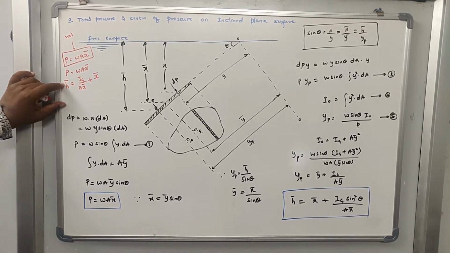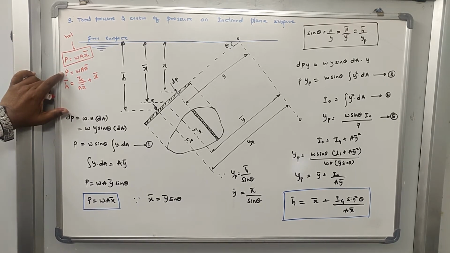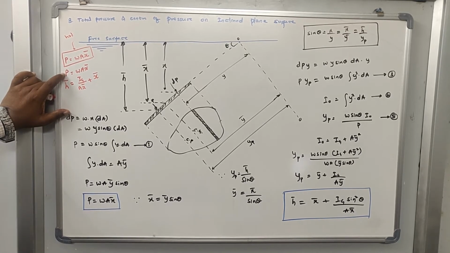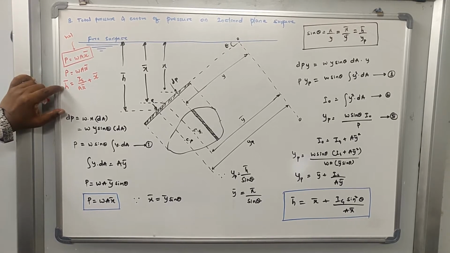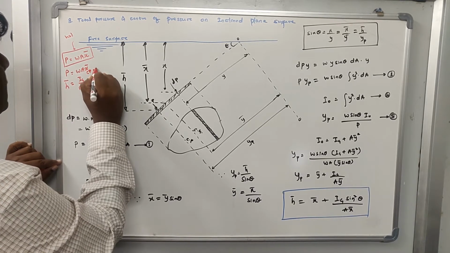It is the point where the maximum pressure P, that is P is equal to W A x bar, acts. In case of a plate immersed vertically, the maximum pressure or force is not going to act at the CG point, the center of gravity point, but it acts just below the CG point. That point we call the center of pressure, Cp.